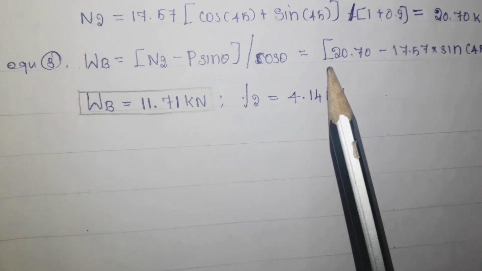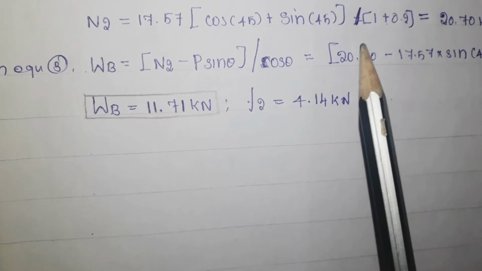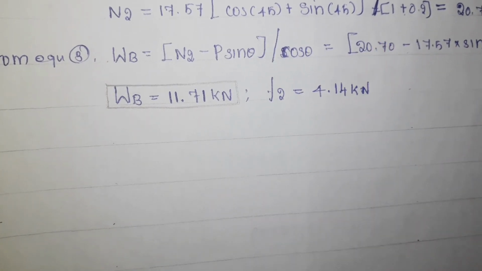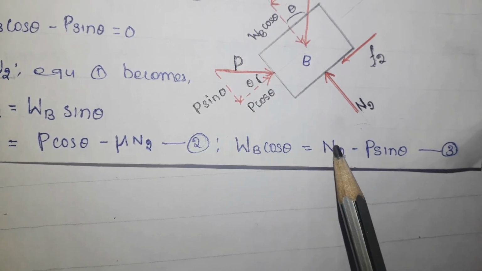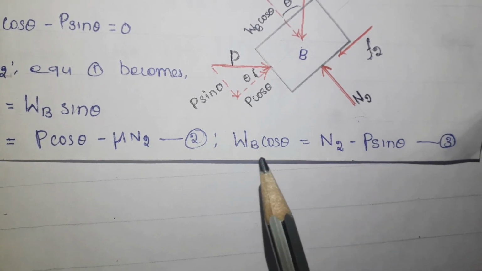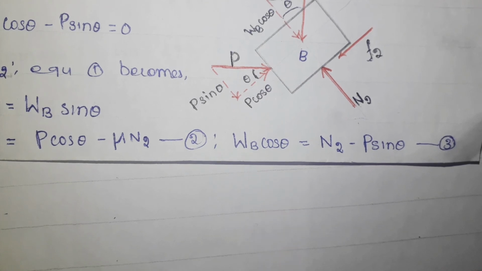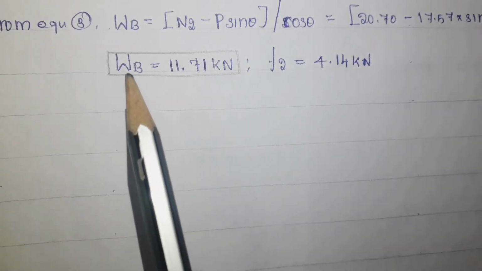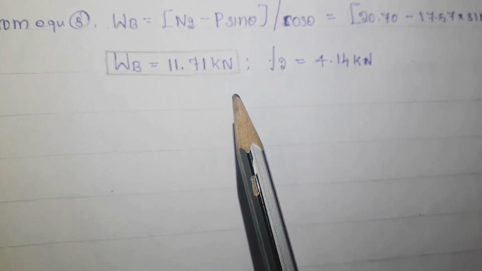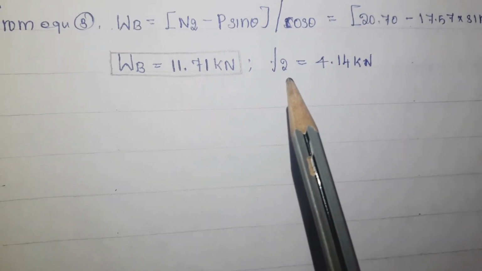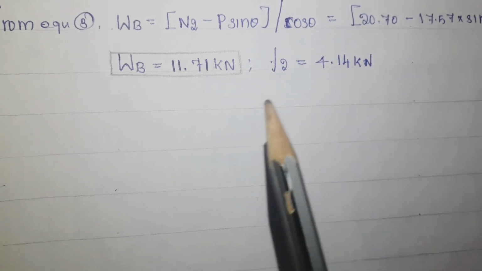Now just take this N2 and substitute it into equation 3. So here is equation 3. In the place of N2, you just substitute that value, and then you can get the answer for WB. So here is WB, which can be taken as 11.71 kilonewton. The corresponding friction F2 equal to 4.14 kilonewton.